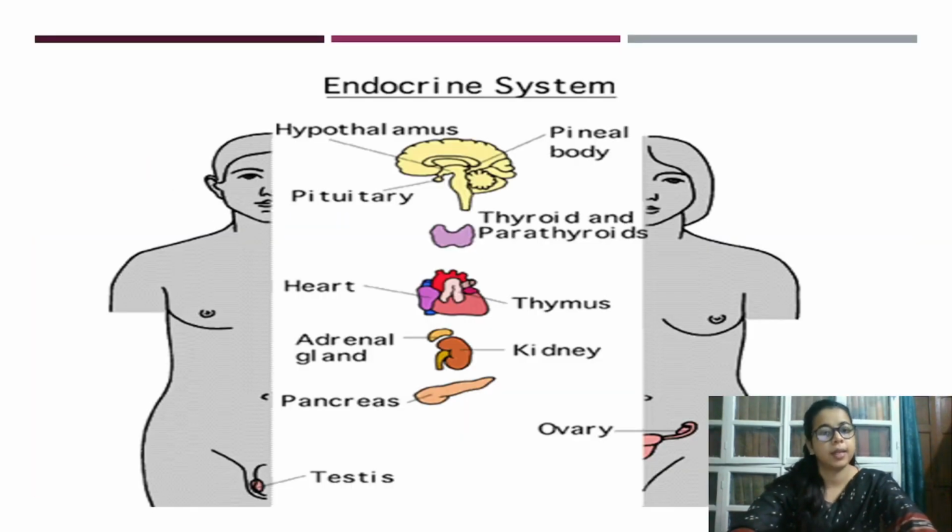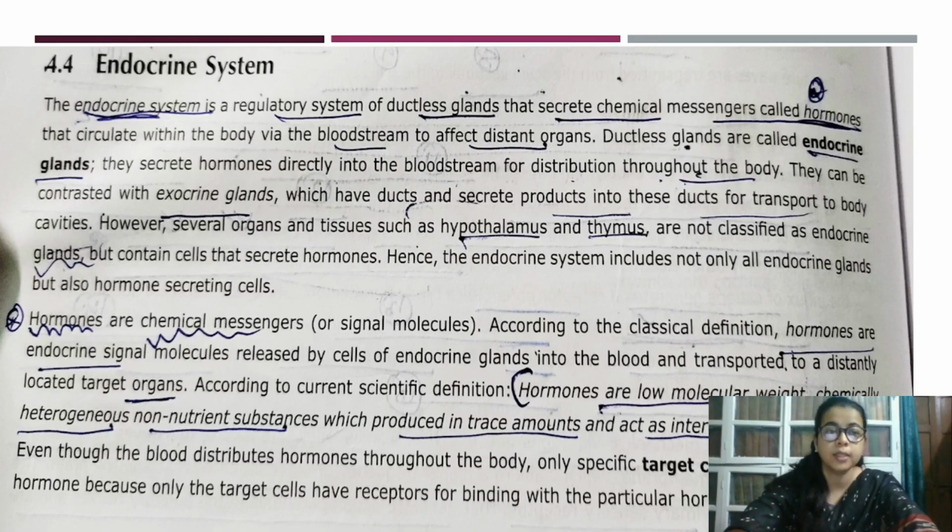Before understanding what a hormone is, let's first understand what the endocrine system is. Our body mainly has two types of glands: one is exocrine, and the other is endocrine. Exocrine glands are the glands which have ducts.